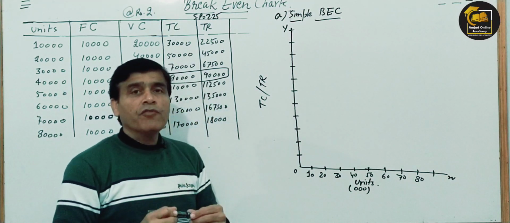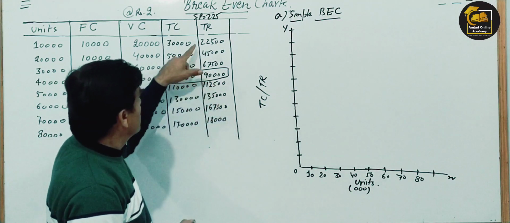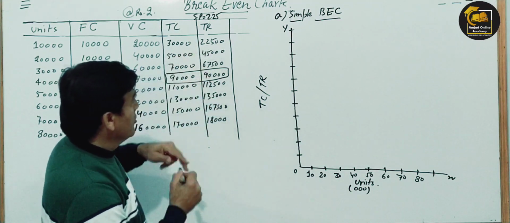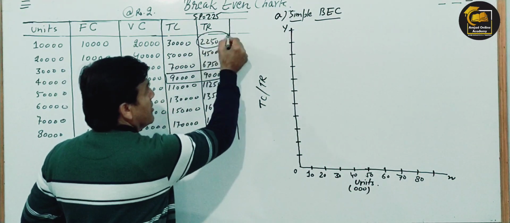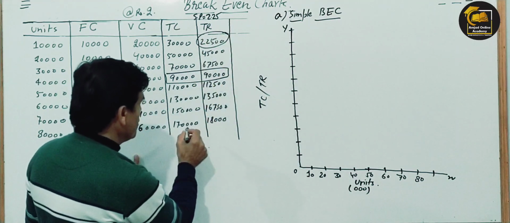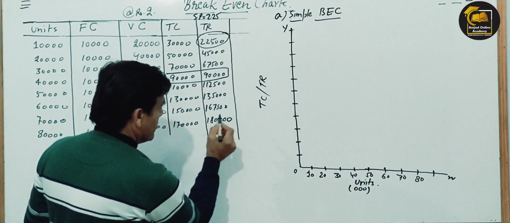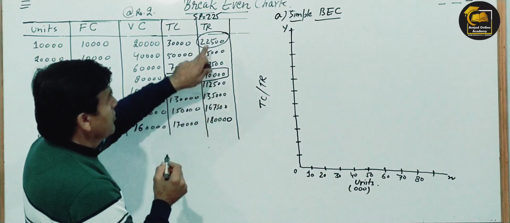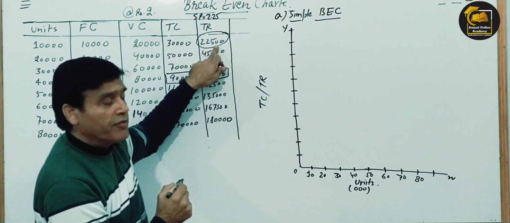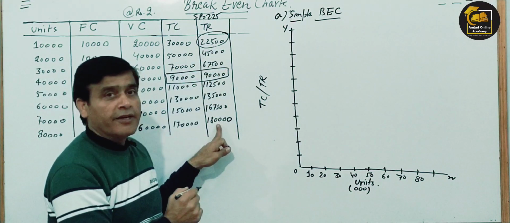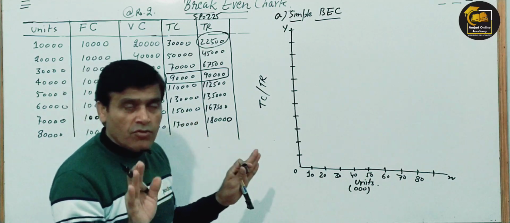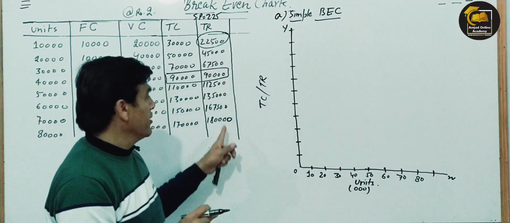And what is the criteria of deciding the optimum scale? Just observe the minimum figure. As you are observing, the minimum figure is 22,500 and the uppermost figure is 1,80,000. So we have to decide the scales on the y-axis according to these figures.